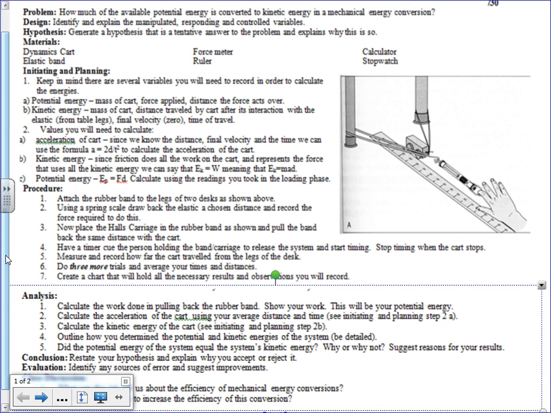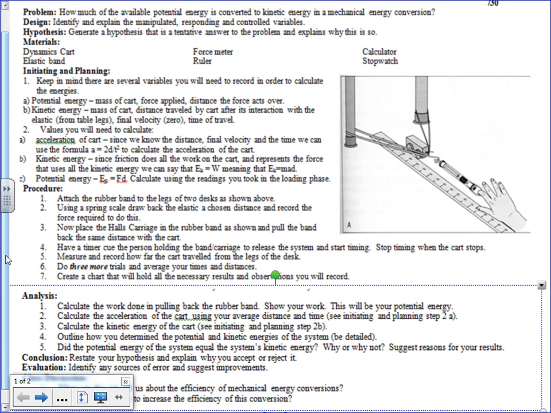Is that important? Yeah, because that tells us essentially the maximum energy of the cart. So what we'll use that formula for is to determine the acceleration. Then we'll find the force using F equals ma. That other formula that I told you we'll only use one time, today's the day. Then we'll measure the distance the cart travels.